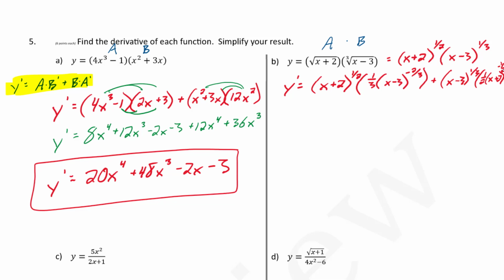But anyway, if I go ahead and now look at what we've got, I'm going to rewrite some things where I move things from top to bottom because I got a couple of those negative exponents, and just try and clean this up a little bit. So I've got x plus 2 to the 1/2 power that's just staying in the numerator. I've already got a 3 as a coefficient on the bottom from the 1/3, and then that x minus 3 with the negative power will go just right after that, and it has a 2/3 power.